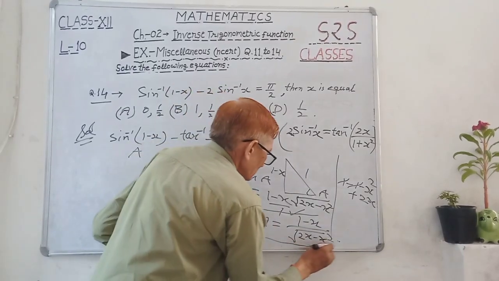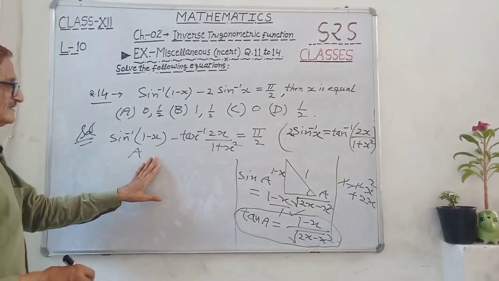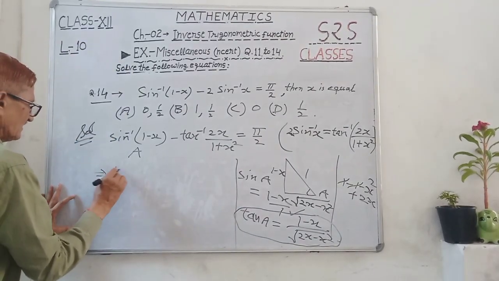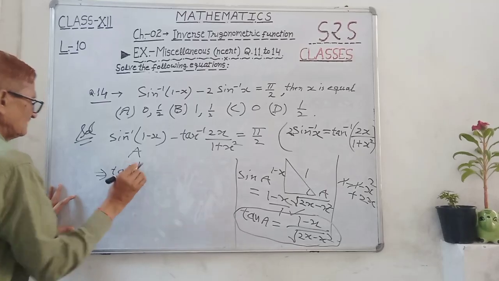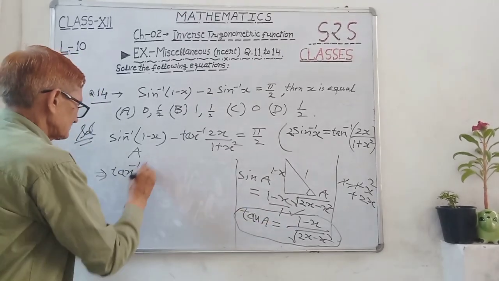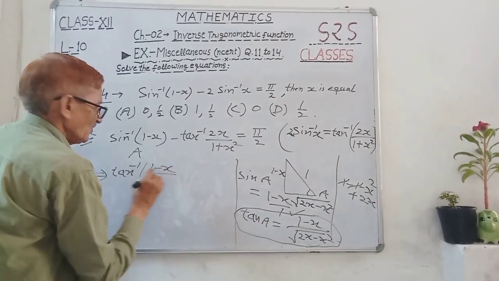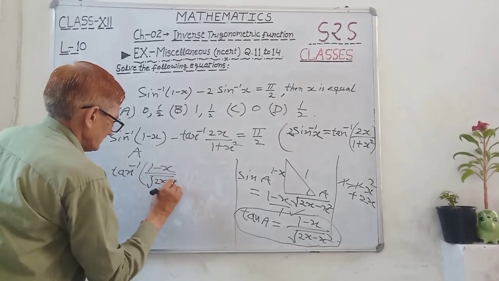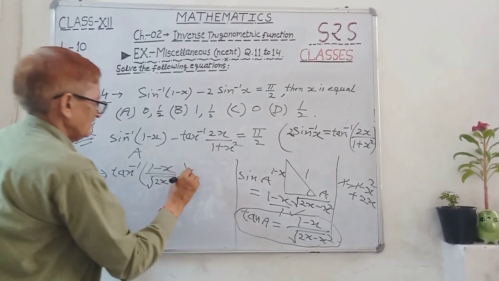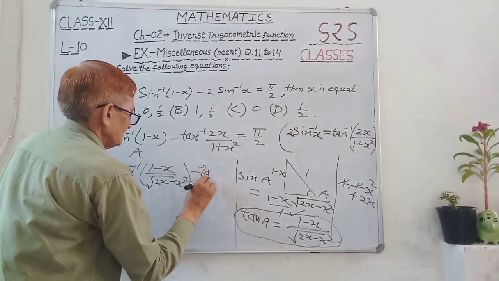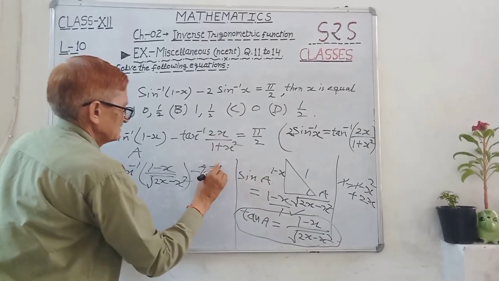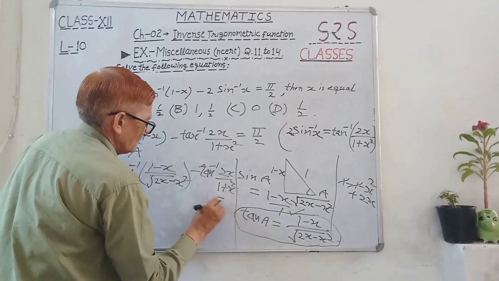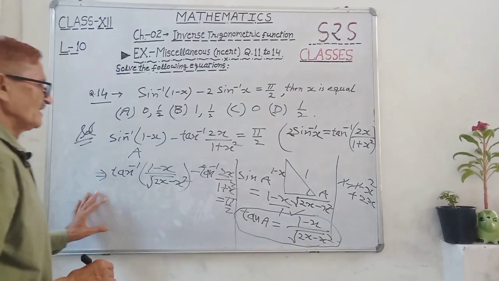Be careful, this is tan A. So this A value will be tan inverse (1 minus x upon square root of 2x minus x square), minus tan inverse 2x upon 1 plus x square, is equal to pi by 2.